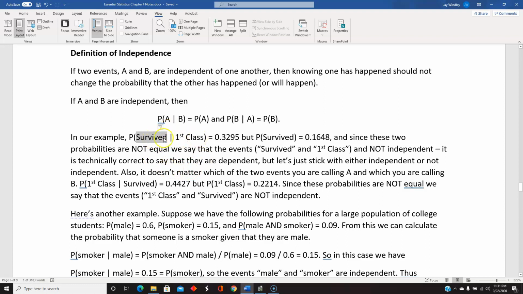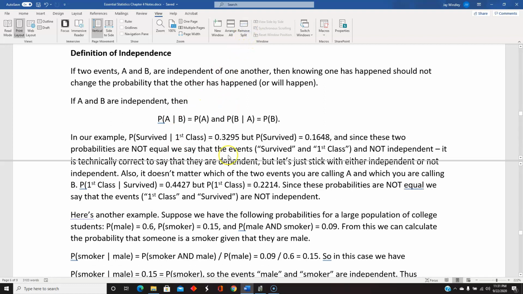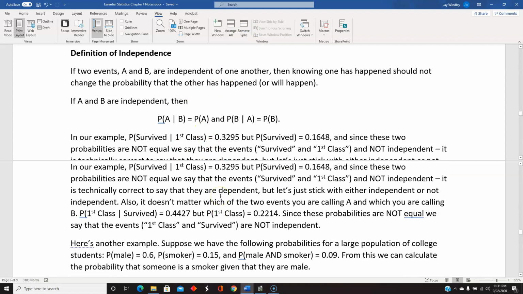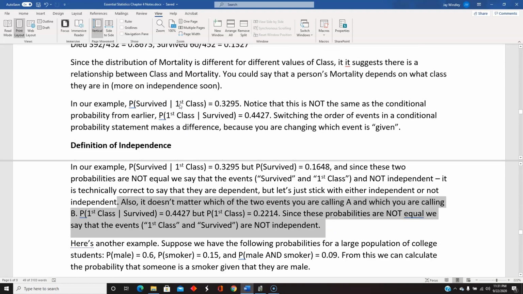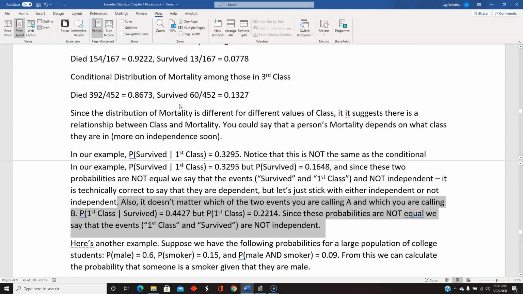And it doesn't matter which of these you put where. If we go to some earlier numbers that we had, if you look at the probability that someone is in first class given that they survived, let me bring that other screen down here. So I'm saying right here, it doesn't matter what order we do that in terms of checking for the independence.